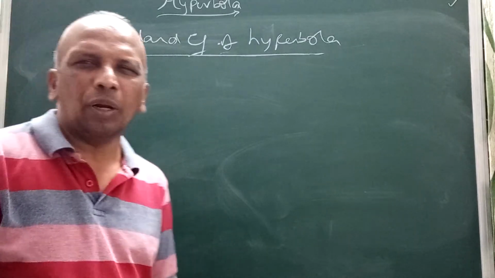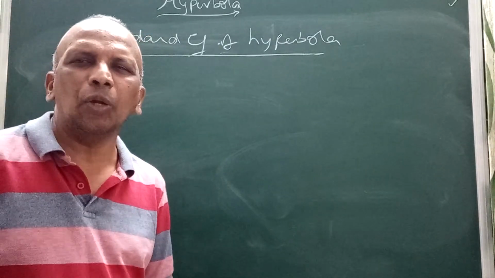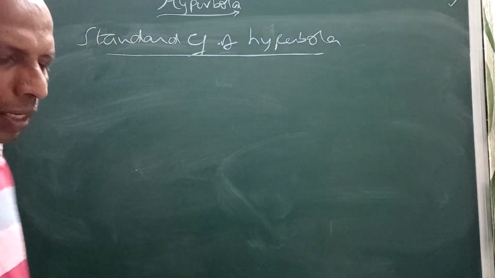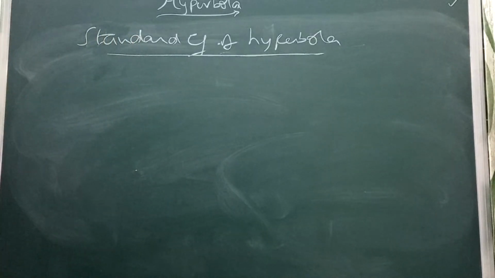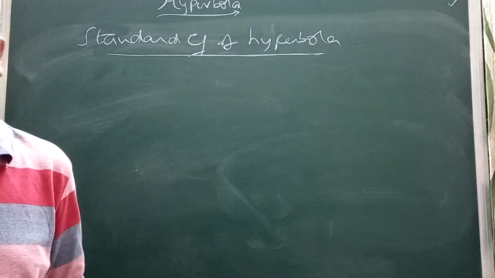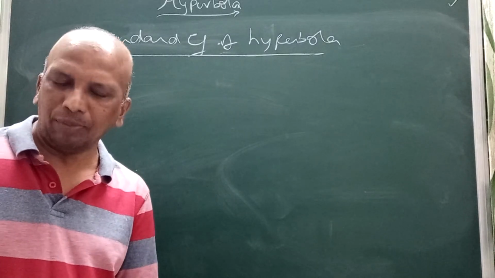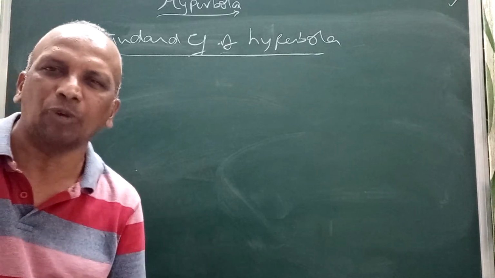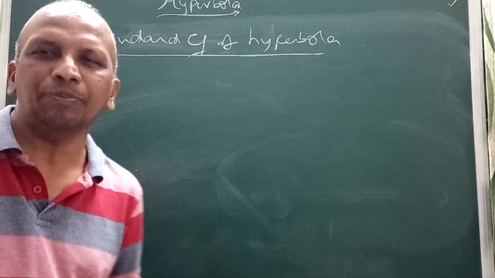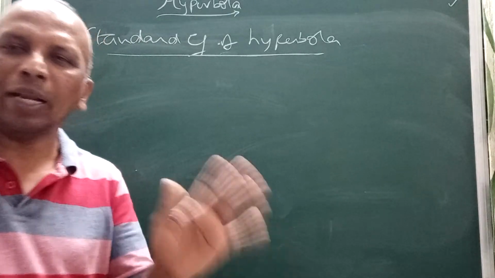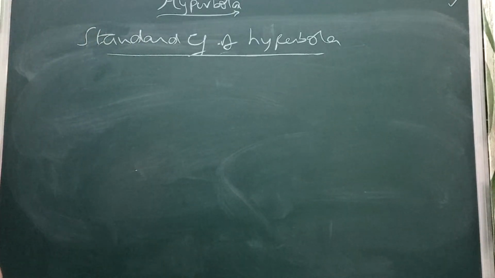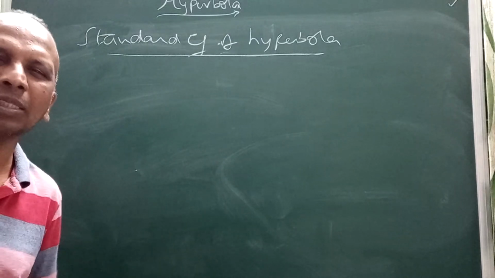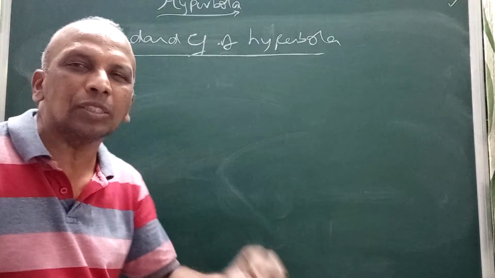When I'm talking about the standard equation of hyperbola, you can think the equation is in its simplest form when the center is at the origin, and the foci are on either the x-axis or the y-axis. Remember, the foci should be on the x-axis or y-axis. Then we can say that the equation of hyperbola is in simplest form.